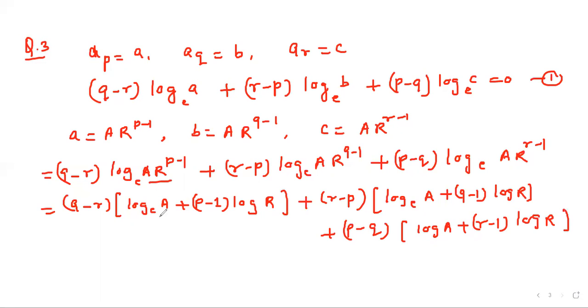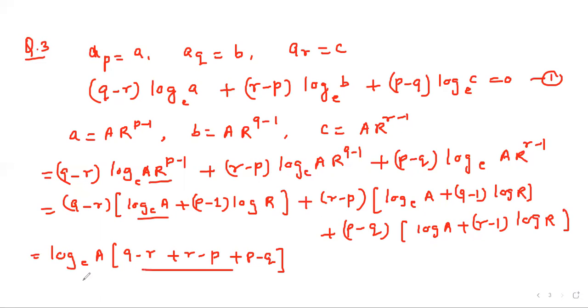Now we take log a common, then (q-r) plus (r-p) plus (p-q) will be 0. So the first term becomes 0.